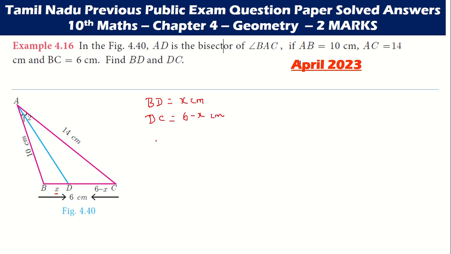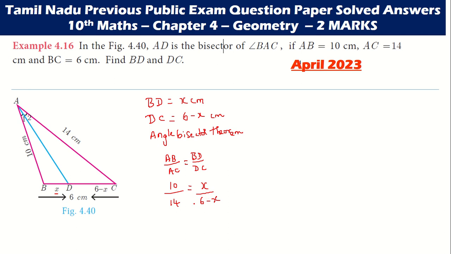Then angle bisector theorem, என்ன வரும்னா AB by AC is equal to BD by DC. So where AB is equal to 10, where AC is equal to 14 is equal to BD is equal to x by 6 minus x.